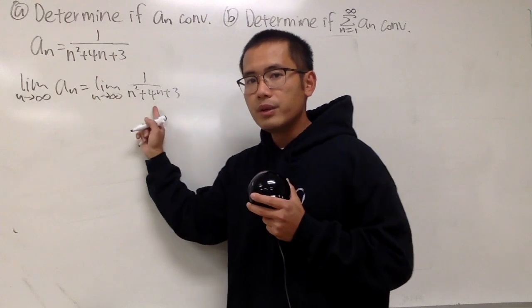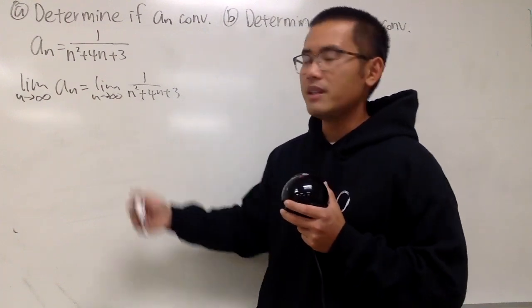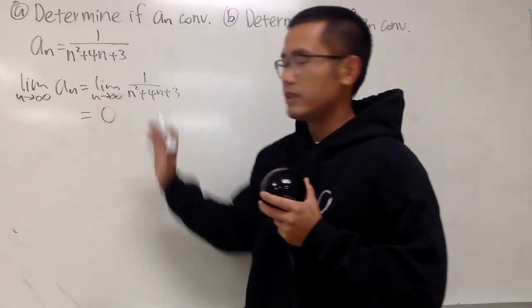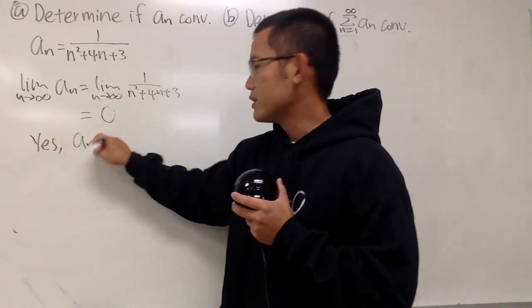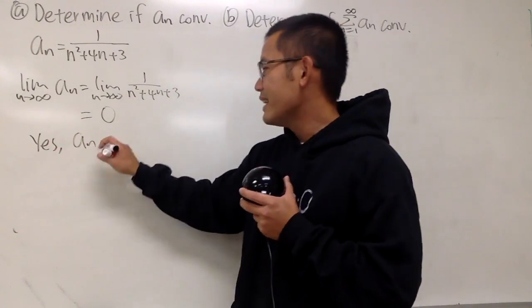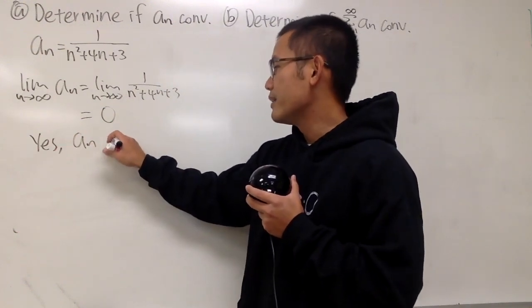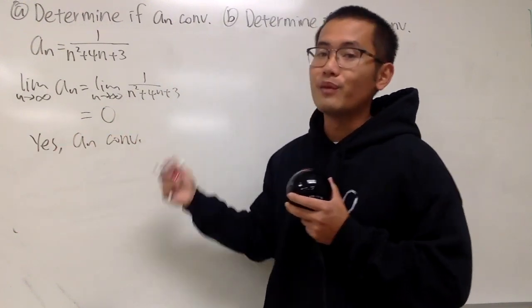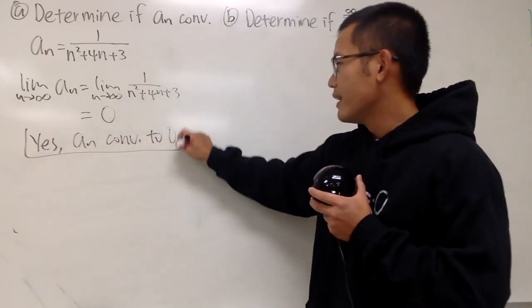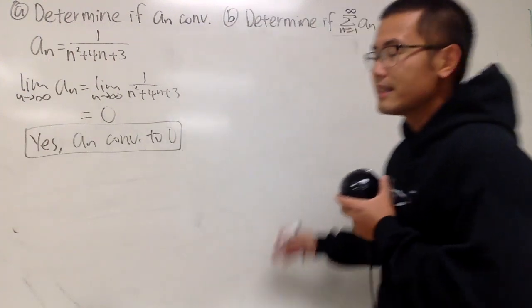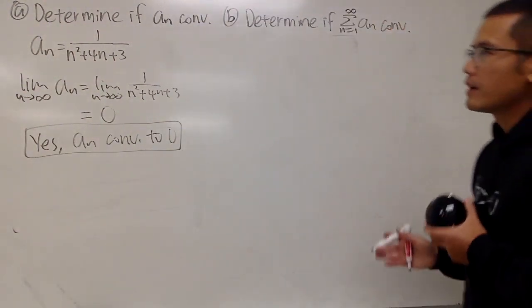Put infinity here, on the bottom will be infinity. So all in all, we get 0. Therefore, it's a yes. Man, if it's a yes, that means we have to do more work over there. An does converge, and I'll tell you guys that an converges to 0, and then we are done. Not so bad. All right, here, let's see if it converges or not.